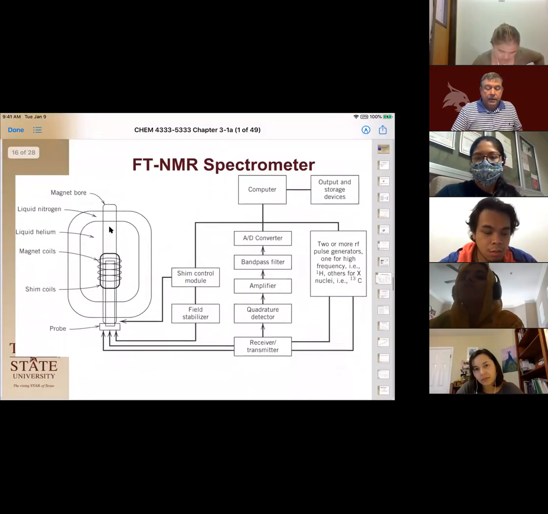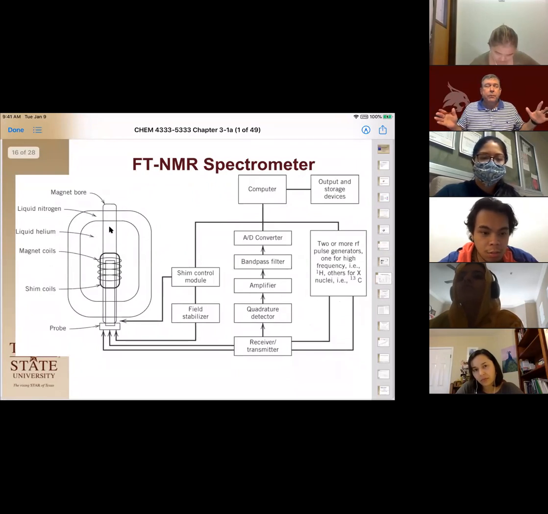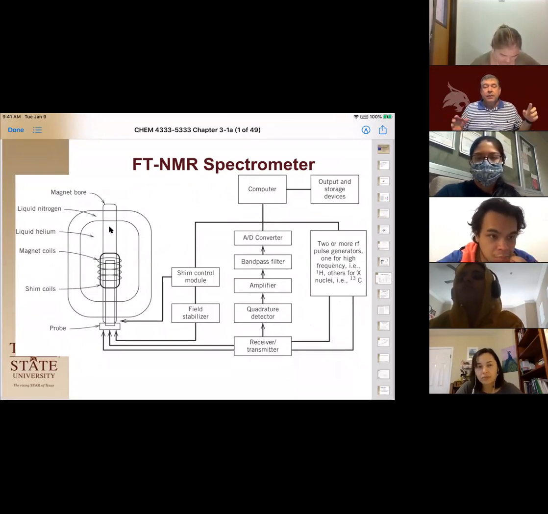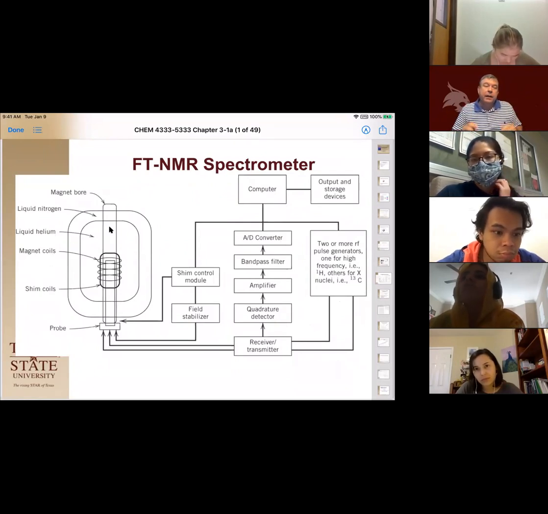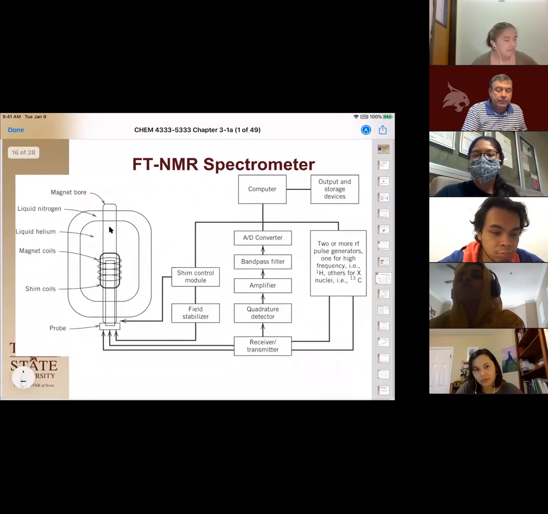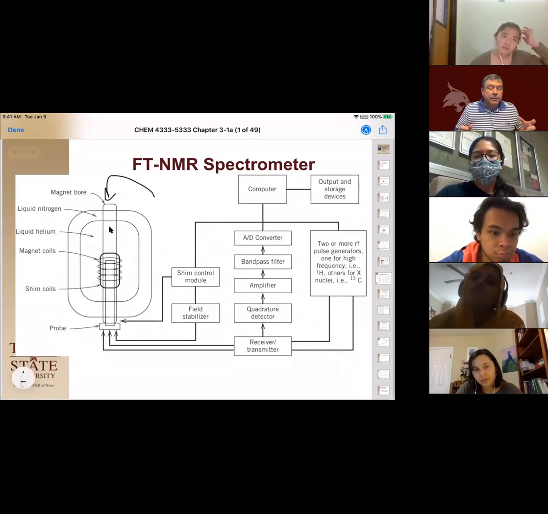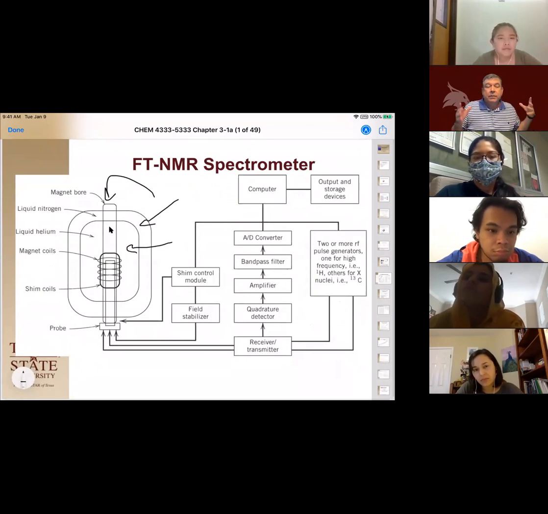Okay, so most of you have probably used the NMR up at Texas State, right? Okay, so there's some little things that you might not see. You know, obviously you see the computer and you've added your sample to the top here. And some of you may even know that there's a liquid nitrogen dewar and a liquid helium dewar. So the liquid helium dewar is at 4K.